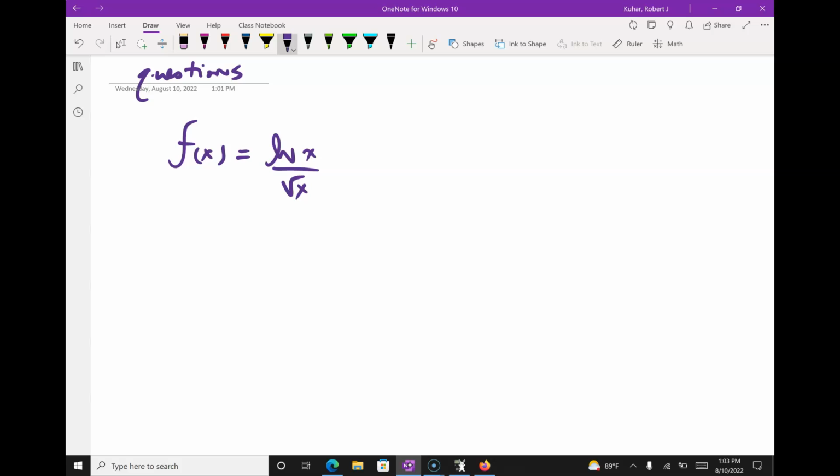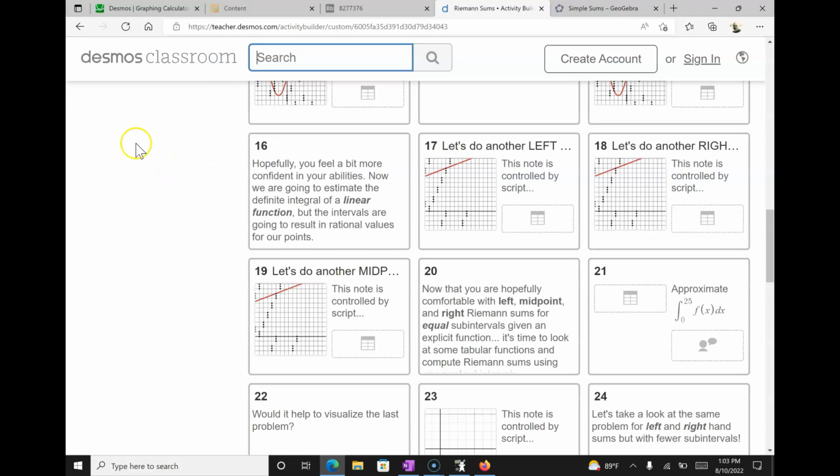So there's my function. I want to do a first derivative test here. Do you notice my domain here? What's the domain here? X has got to be greater than what? Greater than 0, right? Certainly when I go to graph it, I will see that as well.